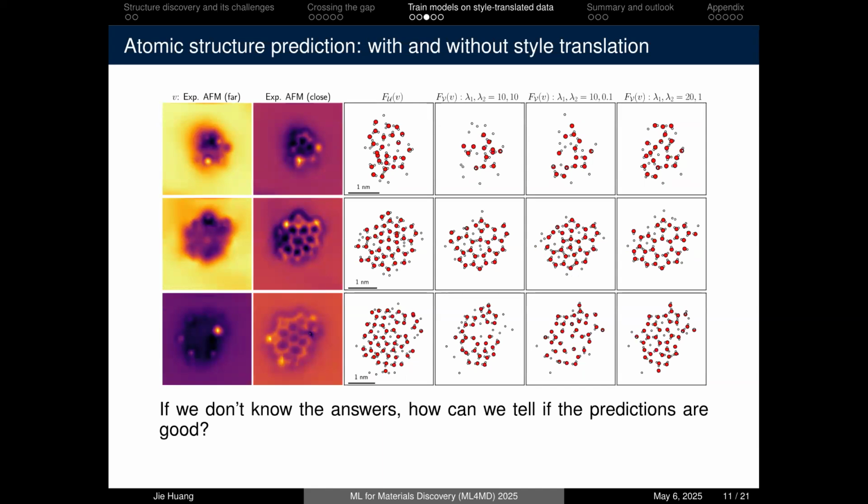Looking at this picture, we may say that maybe this one is closer to the experiment, but this is just by looking with our eyes. So a question is, for these experimental images we still don't know the right answer. So if we don't know the answers, how can we tell whether predictions are good?